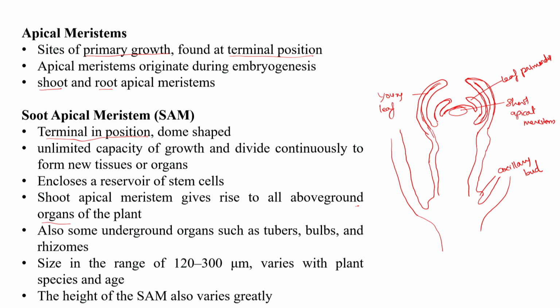The shoot apical meristem will form protoderm, then ground meristem and procambium.